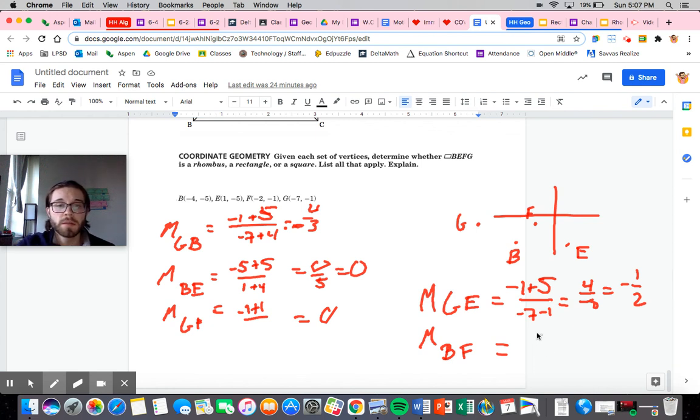I just didn't feel like it. So the change in y is going to be -1 plus 5, and then -2 plus 4. Oh, that's nice. Okay, so I have 4 over 2, which is 2. And these are perpendicular. So this is a rhombus. How wonderful. So final answer, we have a rhombus.